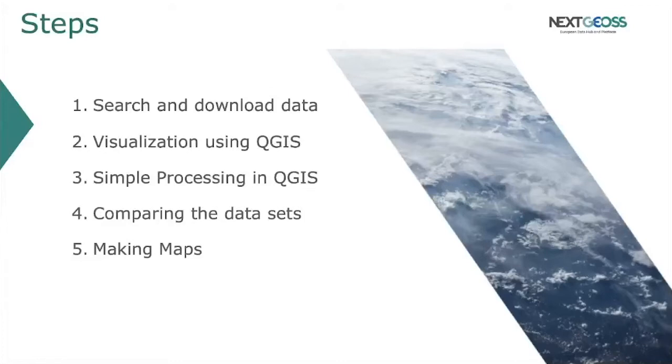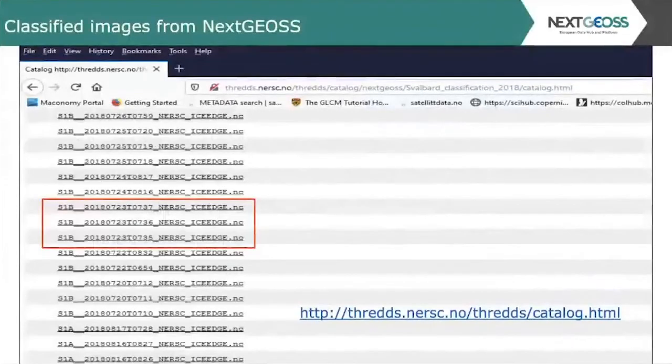For NextGEOSS, here we use the thread, which is already offered by Nansen Center. In the red box, you see the 3 images. For the people who are familiar with Sentinel, that's Sentinel-1B. Sentinel-1 is the SAR, the synthetic aperture radar, so it uses microwaves from the C-band.